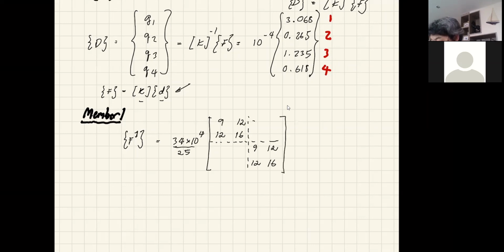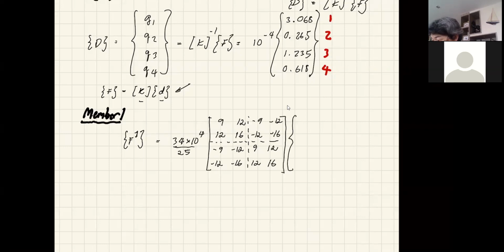That is minus 9, minus 12, minus 12, minus 16, minus 9, minus 12, minus 12, minus 16. And remember the code for member number one, it is 3, 0, 1, 2, right? Let's say I'm going to go ahead and write it.